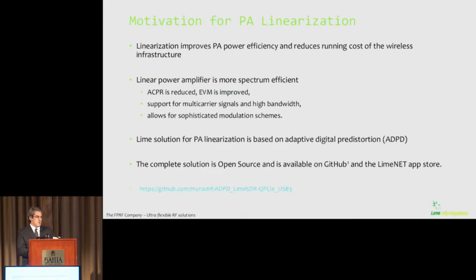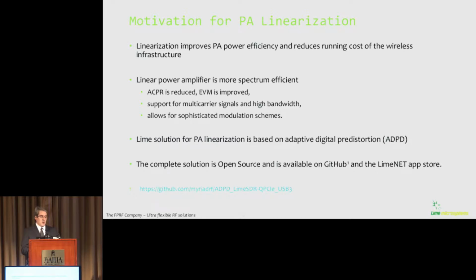Power amplifiers, as you know, are non-linear devices, and their linearization is important for many reasons. For example, when speaking about RF PAs, linearization improves power efficiency and reduces running cost of wireless infrastructure. As you know, key metrics for characterization of power amplifiers are EVM and ACPR.